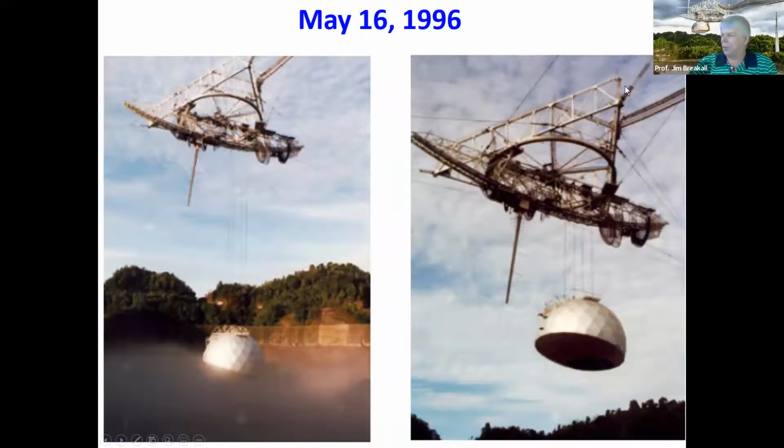So the total structure with the dome is 900 tons. So there had to be many more cables installed on the platform to hold this extra weight. And it was really a monumental engineering achievement to have this up there. And then this dome would move up and down this arm and then rotate.